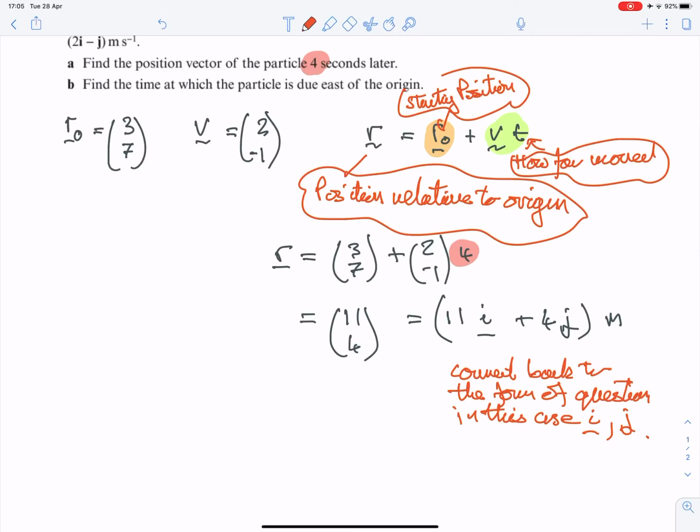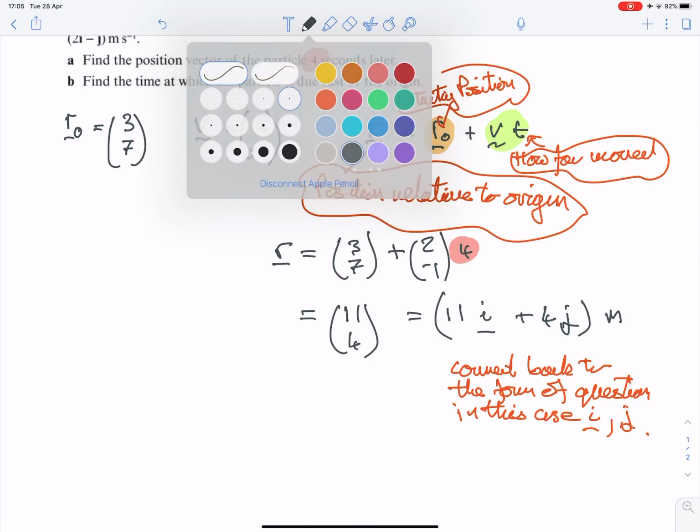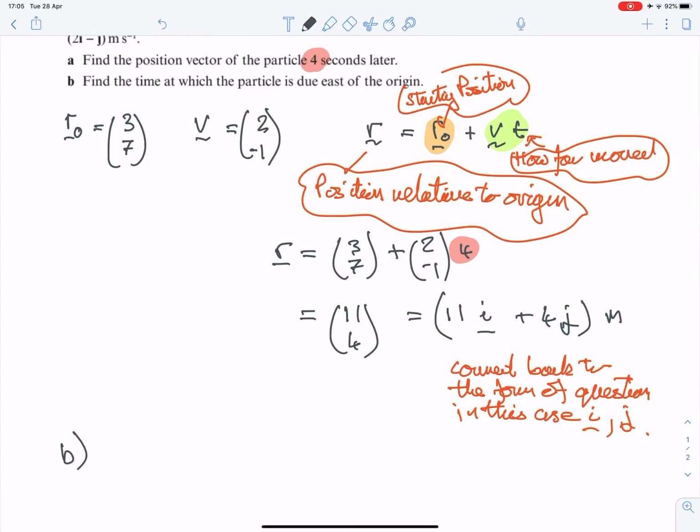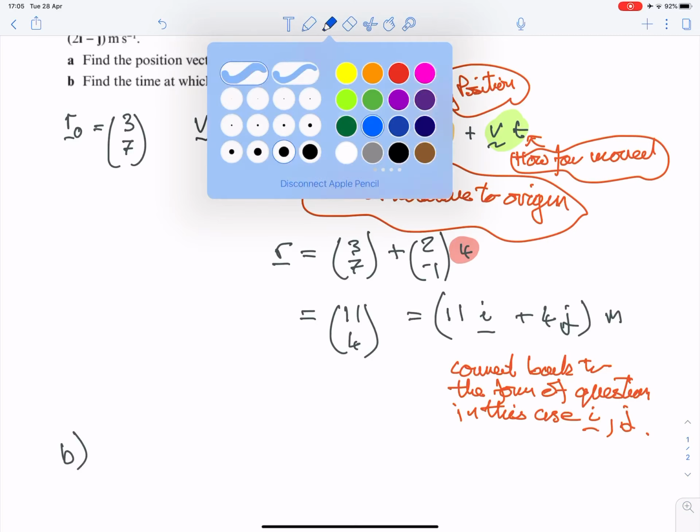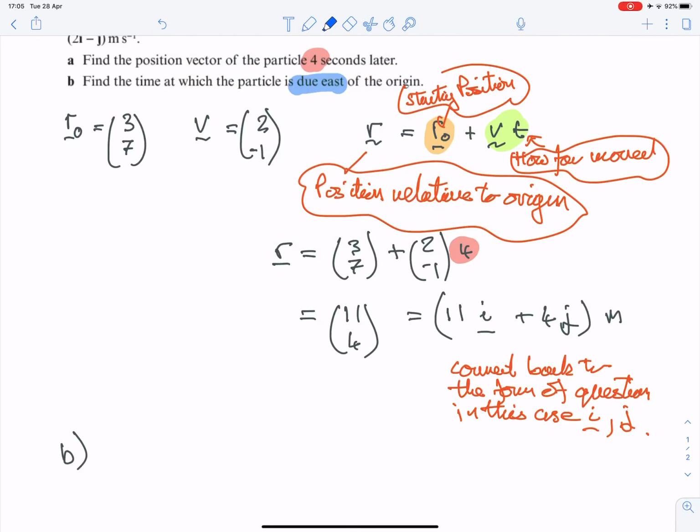Okay, part B. Find the time at which the particle is due east of the origin. So, due east of the origin. Well, what's that telling us?